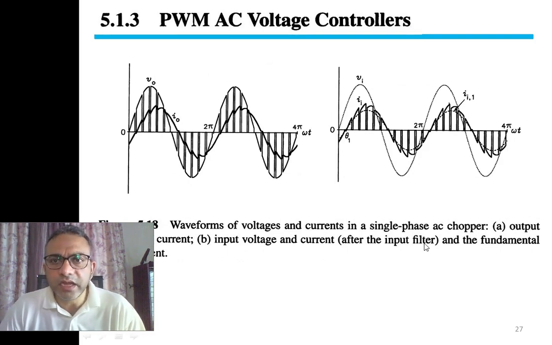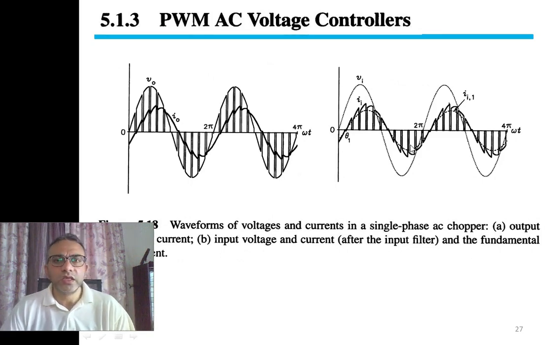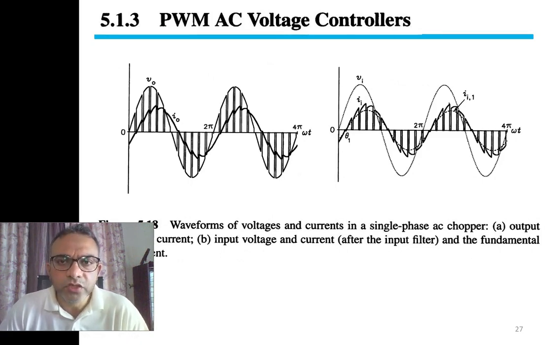Now, in the second diagram, we see the input voltage VI shown as a dotted line, and then we see the input current which is also lagging the voltage. So the input current and output current are very similar, but input voltage and output voltage are dissimilar.